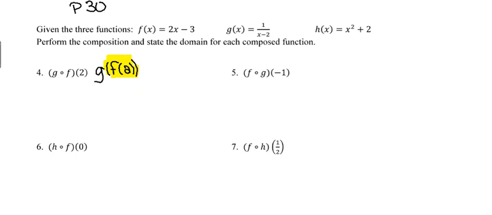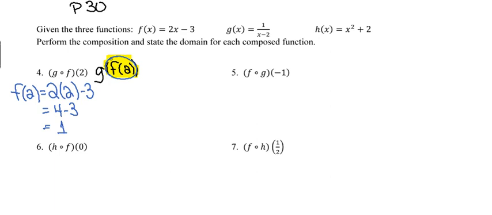So that's exactly where I'm going to begin. I'm going to start by finding f of 2, or by substituting 2 into my f of x function. So that becomes 2 times 2 subtract 3, or 4 minus 3, which is 1. So now the value of f of 2 is 1.